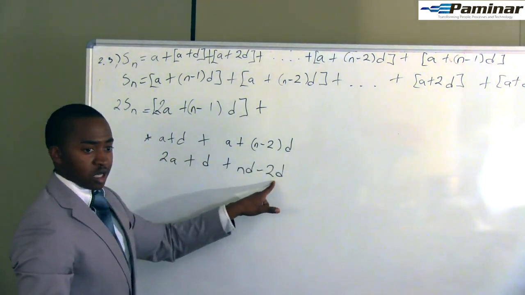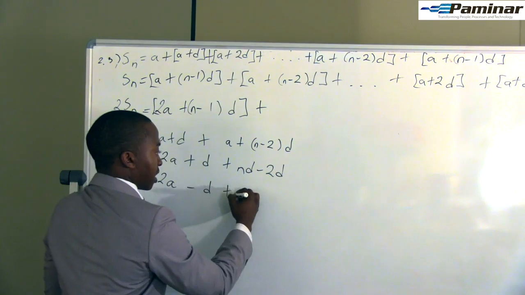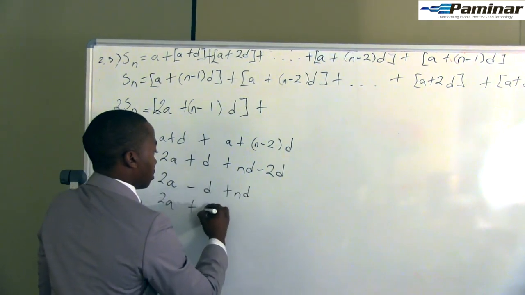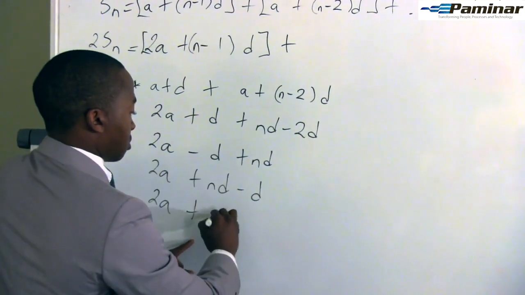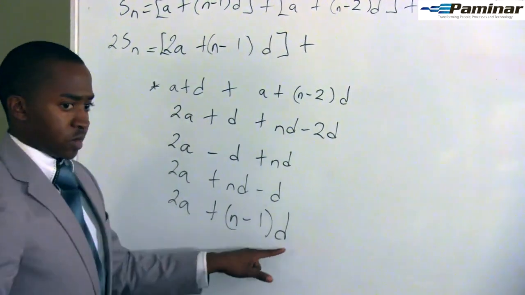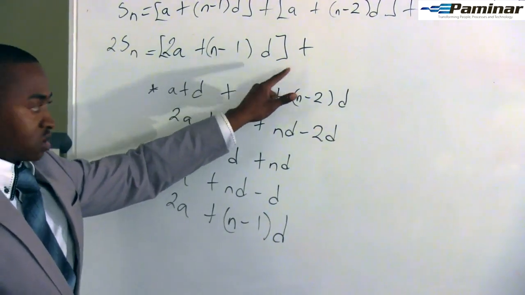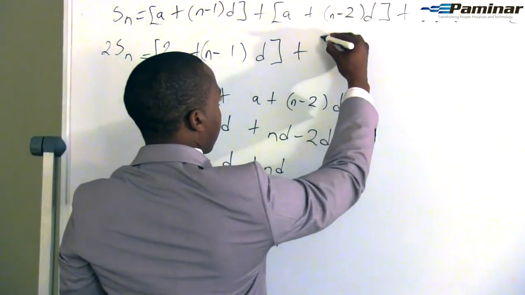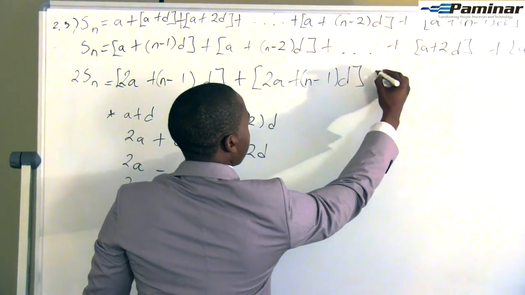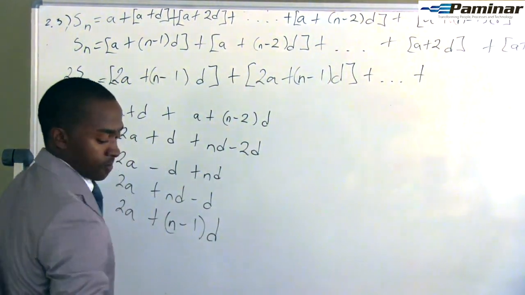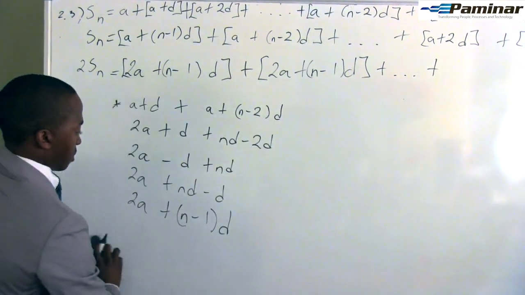The d and that negative 2d become negative d, so 2A plus nd minus d. That you can then rewrite as 2A plus (n minus 1)d. Can you see you're getting the same thing for the second term? So we just write that there: 2A plus (n minus 1)d plus dot dot dot plus. These I just did to show you what we get there.